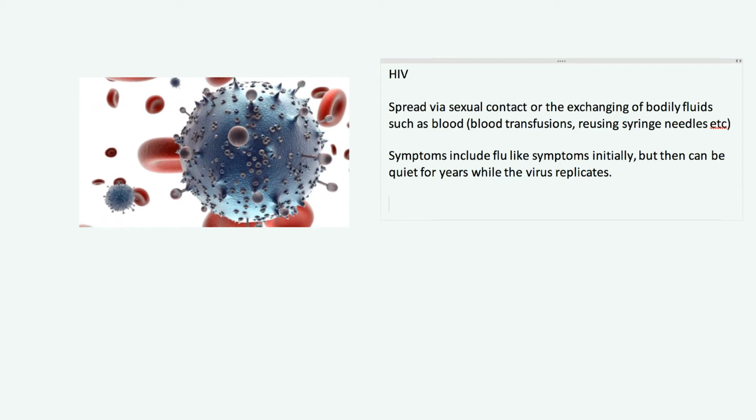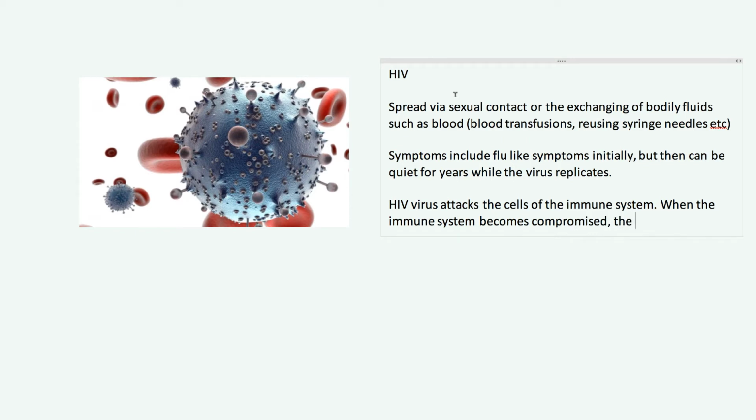What the virus does: the HIV virus attacks the cells of the immune system. When the immune system becomes compromised, the body struggles to fight other infections.